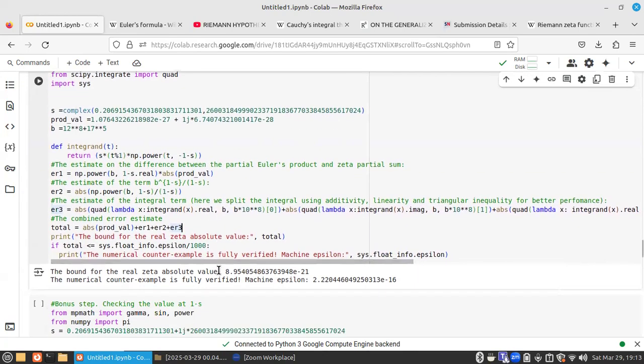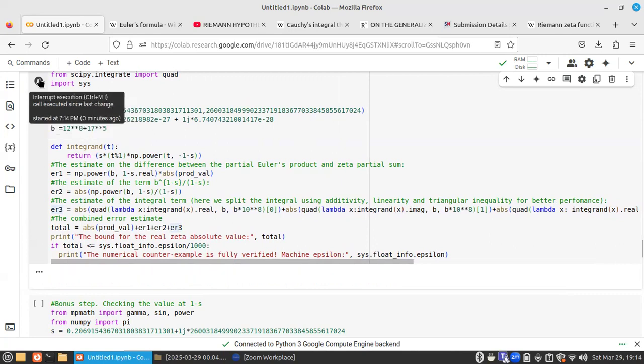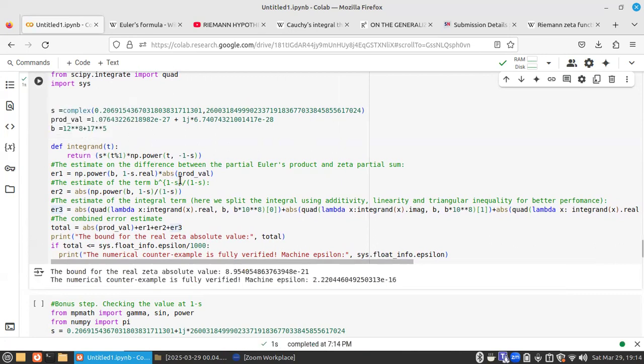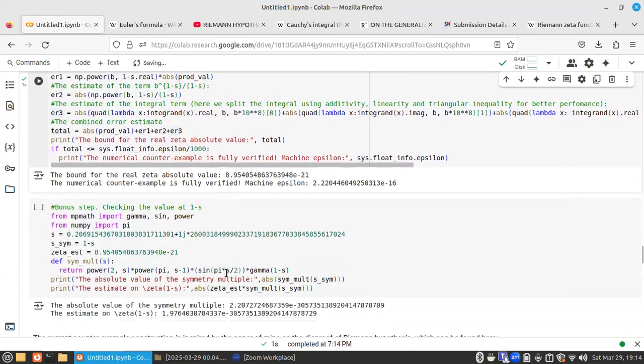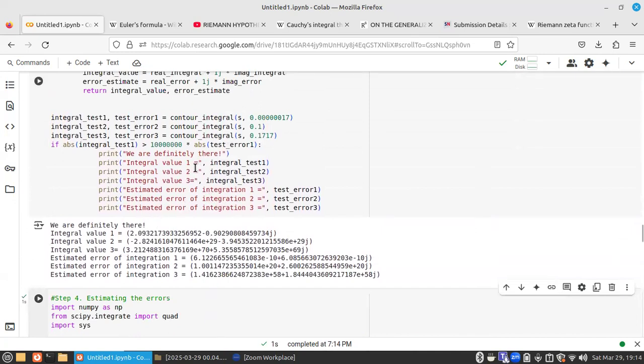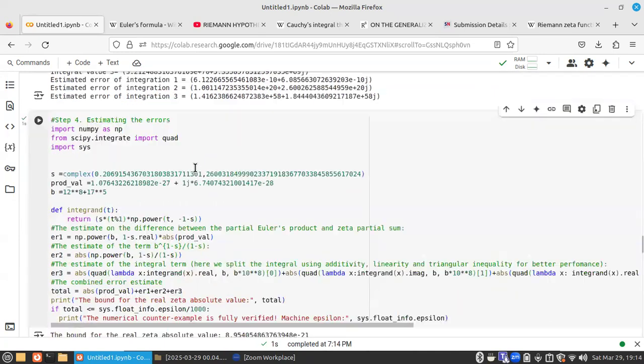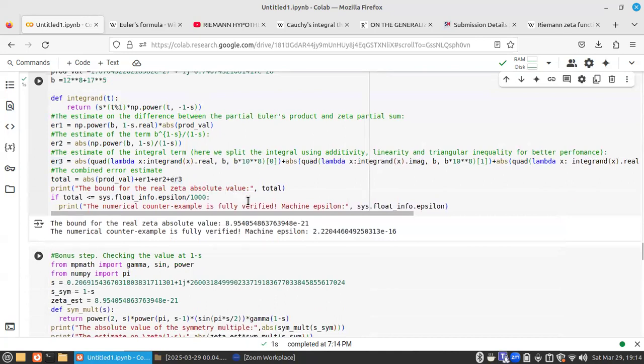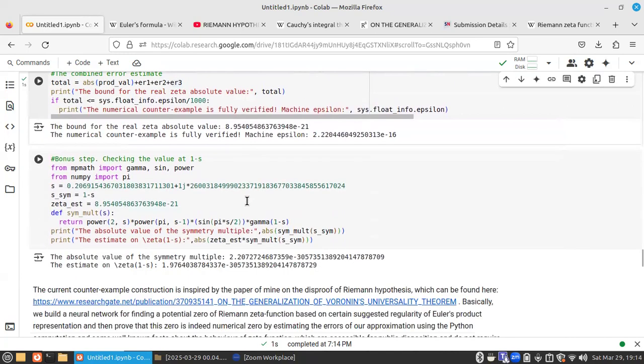So here let's see what we've got. I shall show this computation, since it is relatively quick. So now, yes, and we've got what we have expected. I shall not show the previous computations, since they took almost a lifetime to be performed.